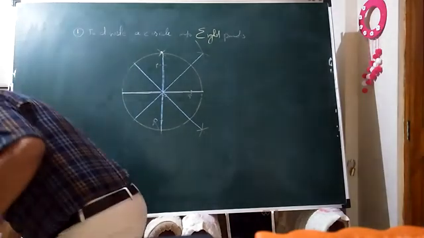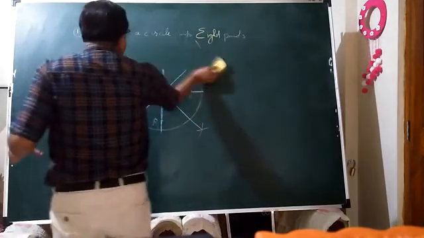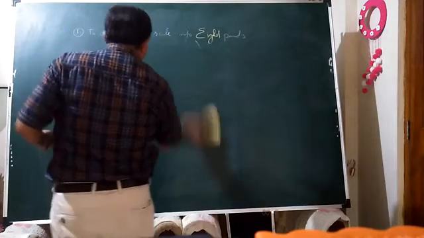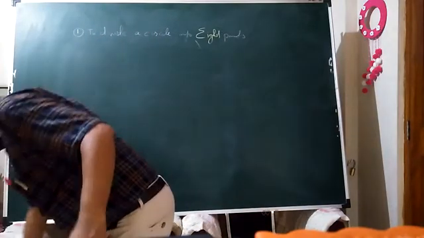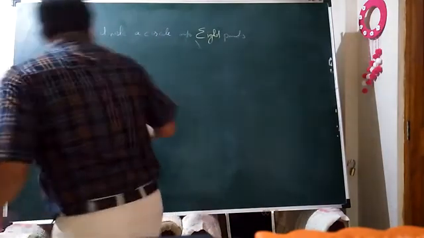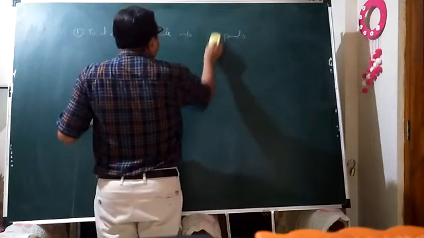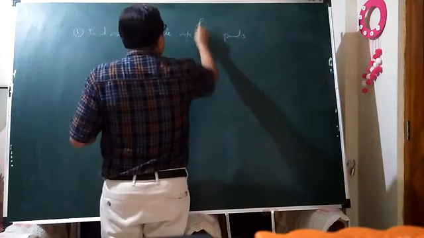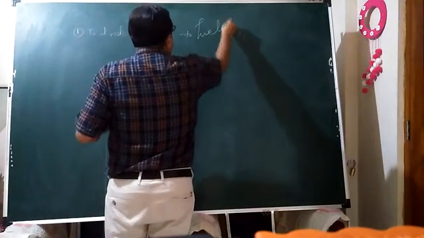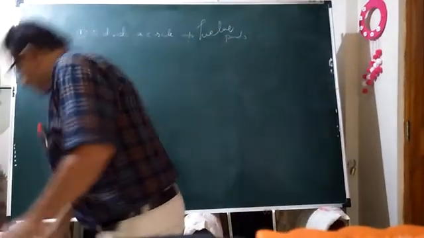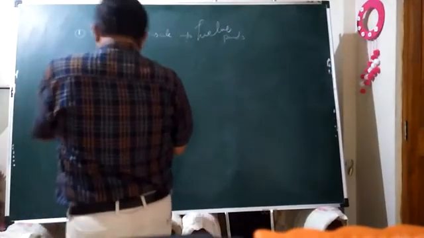Okay. Now 6 we have learned, 8 we have learned. Next geometrical construction is to divide a given circle into 12 equal parts. How to get those 12 equal parts?